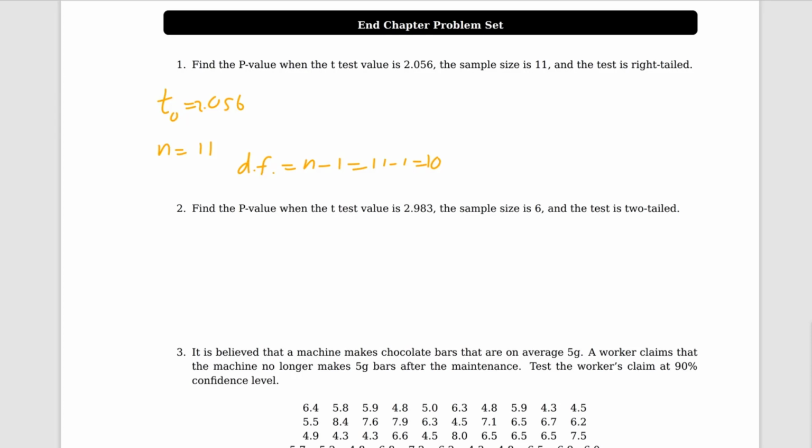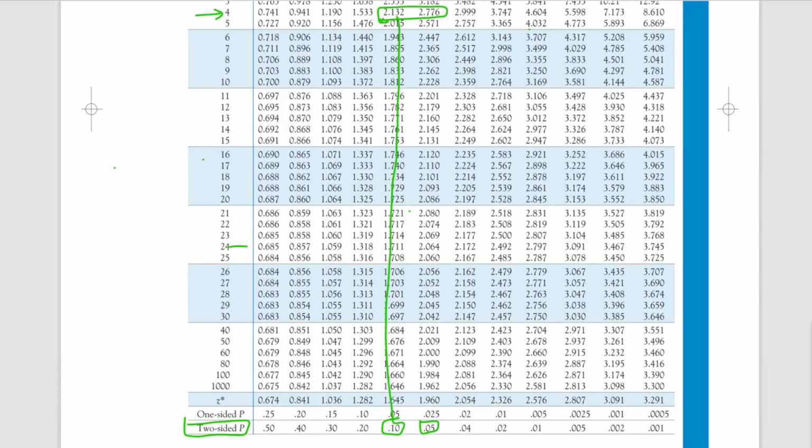It is 10. Now we need to check 2.056 on the row corresponding to N equal 11.